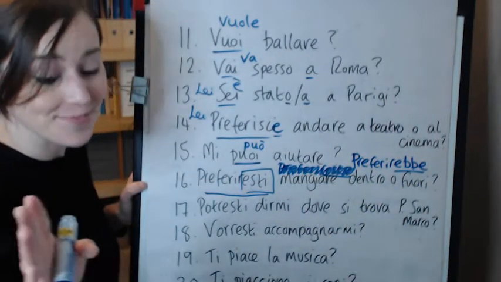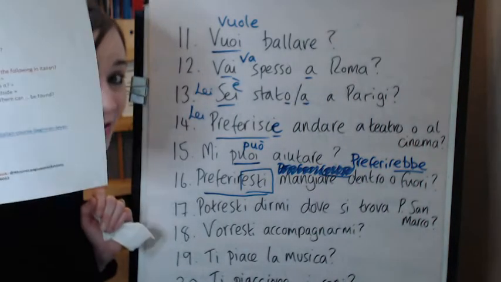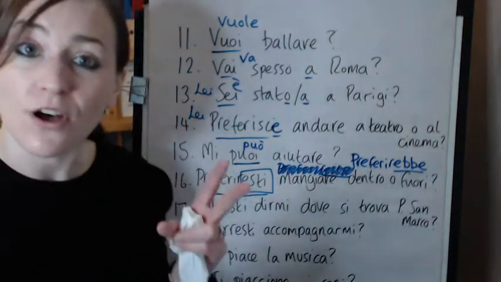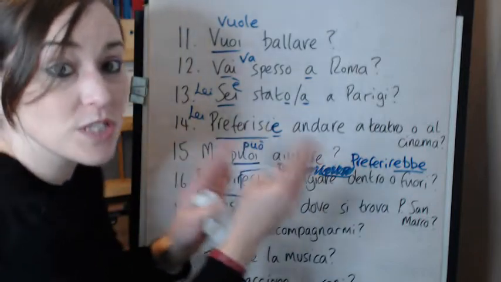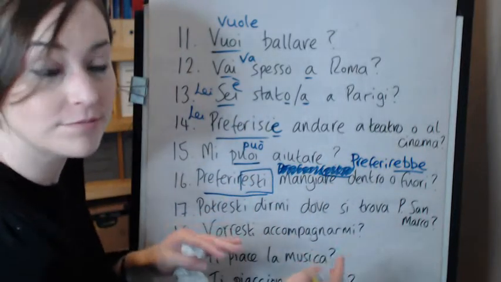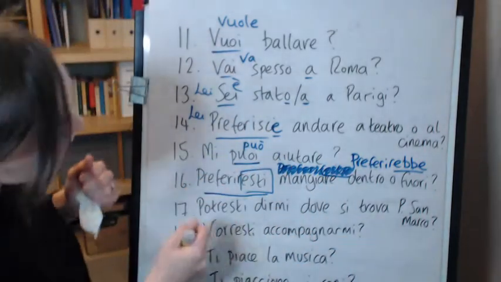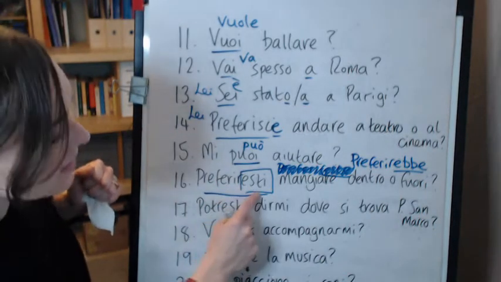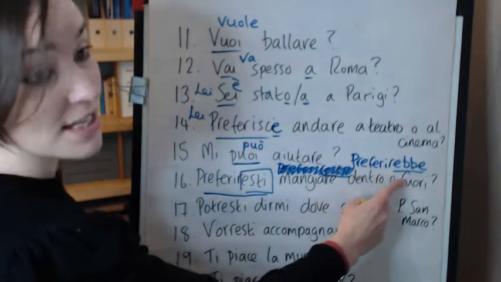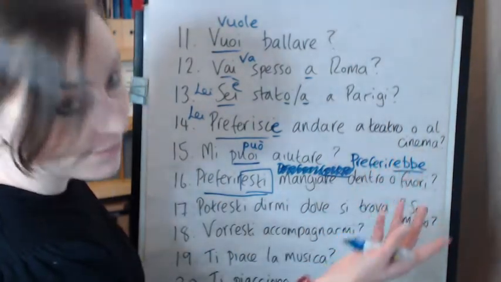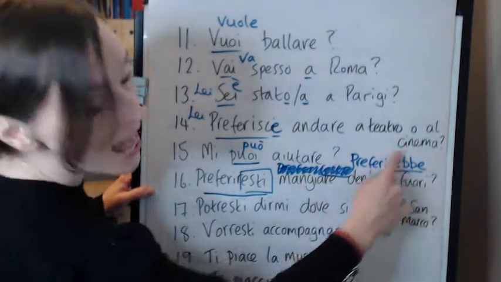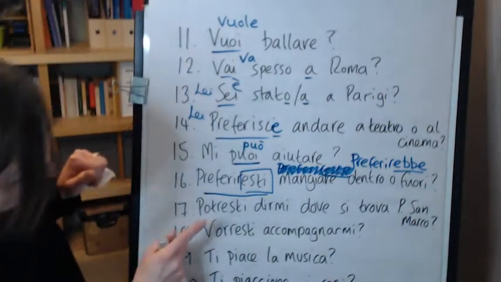Sorry guys, I actually did write down the voi form on here, but I completely forgot that I was going from to lei rather than to voi. It happens sometimes. So preferireste becomes preferirebbe. Okay, we're going to see that ebbe ending again, and we're going to see it just here.